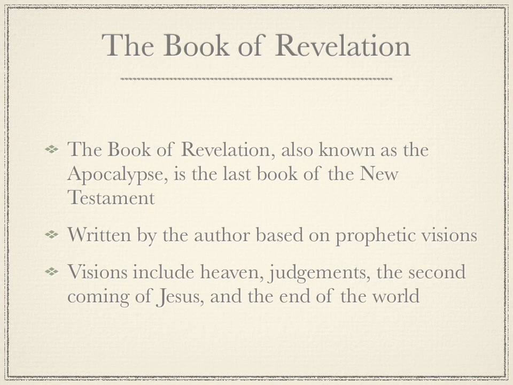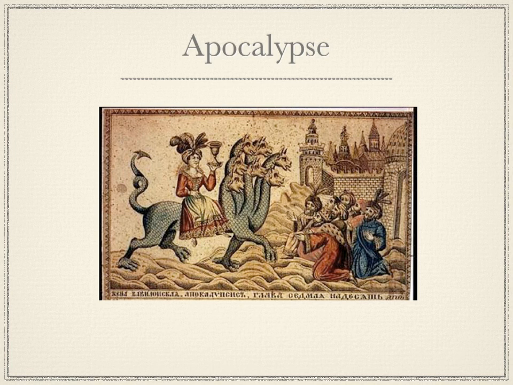Those visions are quite unique to the rest of the New Testament. They include things such as various monsters and different portrayals about what would happen in the future. What we've got here is an artist's impression of that.